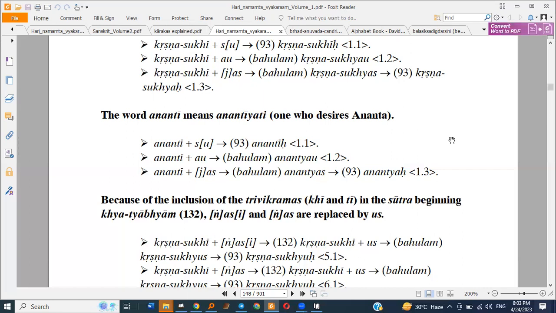Of course, there was the Vedic grammar in Panini Muni's grammar. There's a separate section on the Vedic grammar, which is not included in Harinamamrit Vyakaranam, because we, being aspirants wanting to become Vaishnavas, don't really aim at going for the Shrutis.